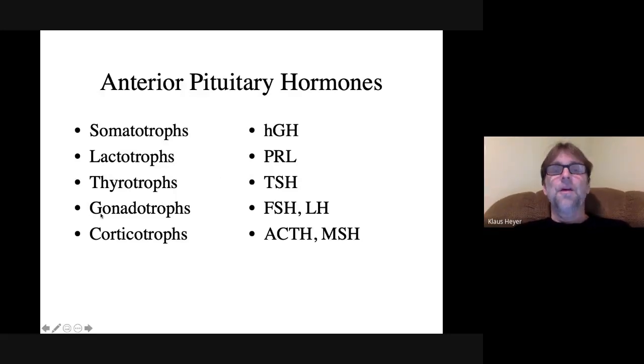Gonadotrophs, gonads. So these types of cells make 2 hormones. Follicle stimulating hormone, which the name gives away. It stimulates your follicles, ovarian follicles. It does stuff in the testes also.